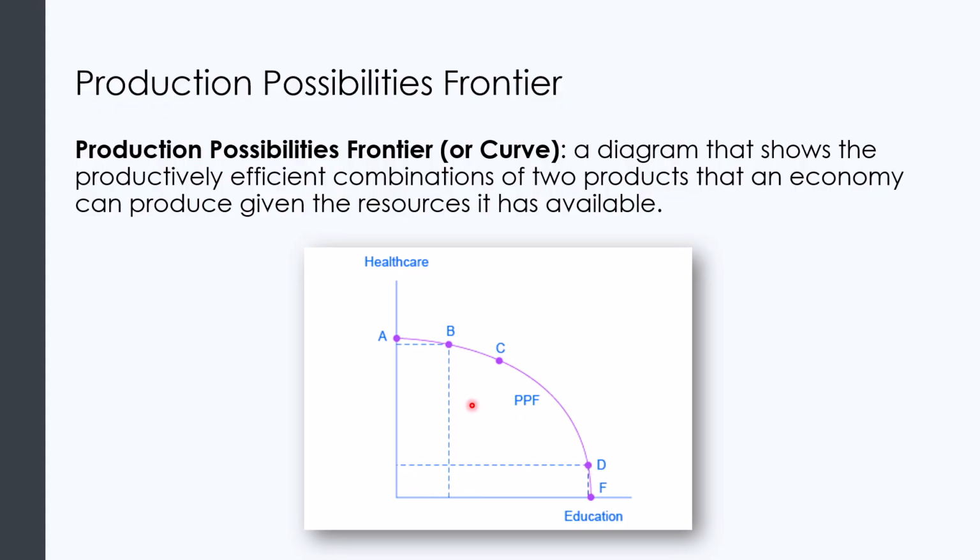Any point under the curve means that there are resources not being utilized at all, and we have underutilization of our budget. And some point above the curve out here in space means that we have unattainable combinations that we could not reach for the society unless we have more resources.